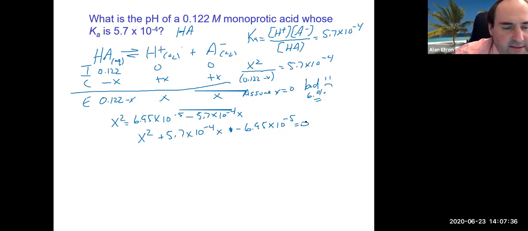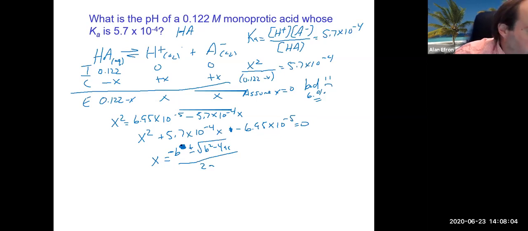Again, we're going to put that into our quadratic formula, which is x equals minus b plus or minus the square root of b squared minus 4ac, all divided by 2a. And if we put all that in there, we get 2 x values.